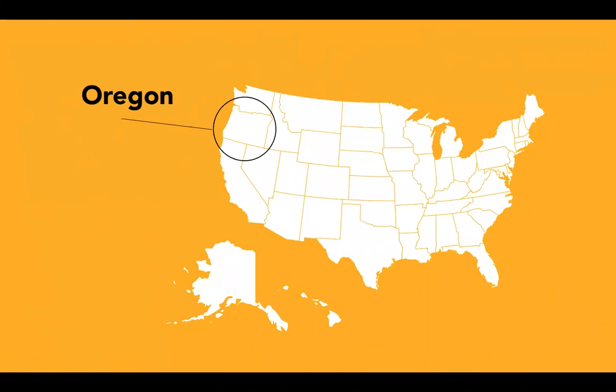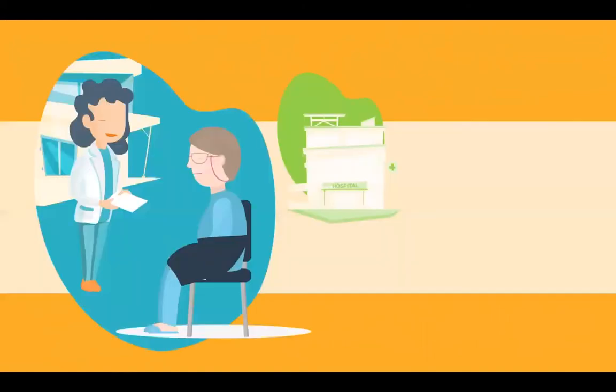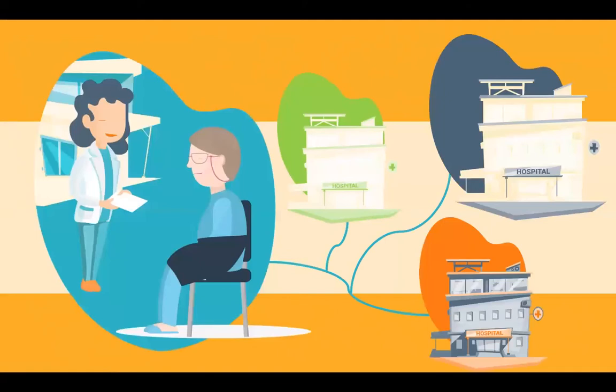The state of Oregon in the United States established a network of 16 coordinated care organizations in order to drive improvements in care quality and reduce costs. Based on the use of patient-centered medical homes, these organizations act as coordinating centers between diverse groups of independent providers of government-funded care.